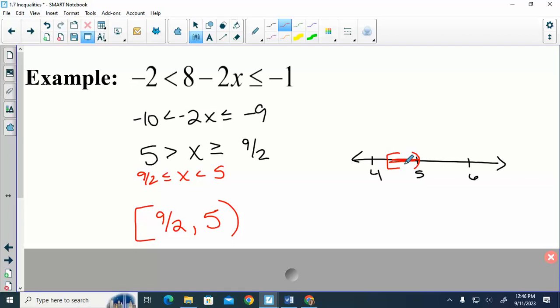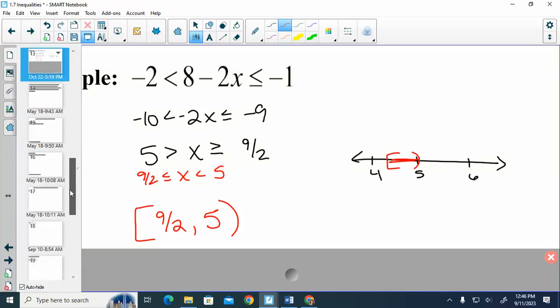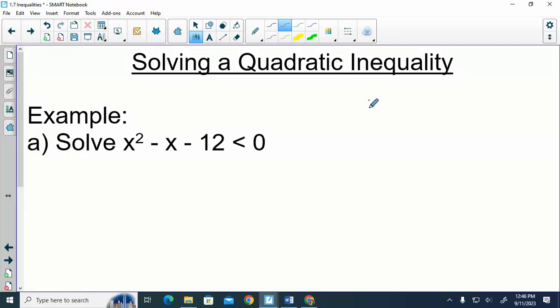So the next thing I want to talk about are quadratic inequalities. Those are going to be a little bit different. We'll see. I'd like to at least get a couple examples of those today.